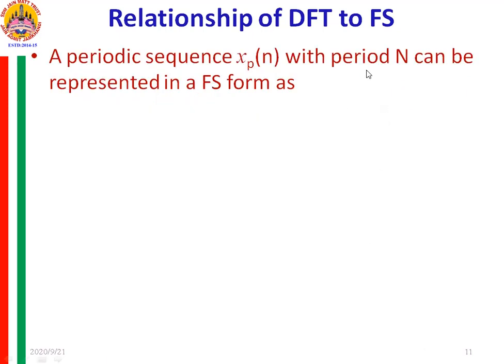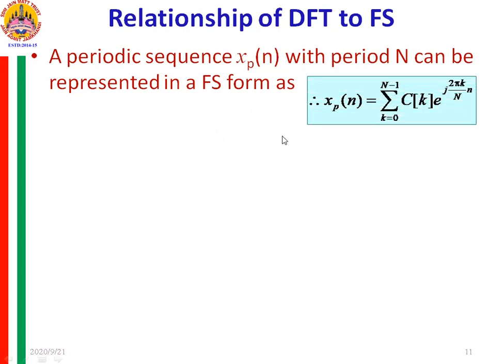Now, to relate DFT with the Fourier series, a periodic sequence xp of n with period N can be represented by the Fourier series expression as xp of n is equal to summation k from 0 to N minus 1 ck e raised to j 2 pi k n by capital N. Now, ck are the Fourier series coefficients.